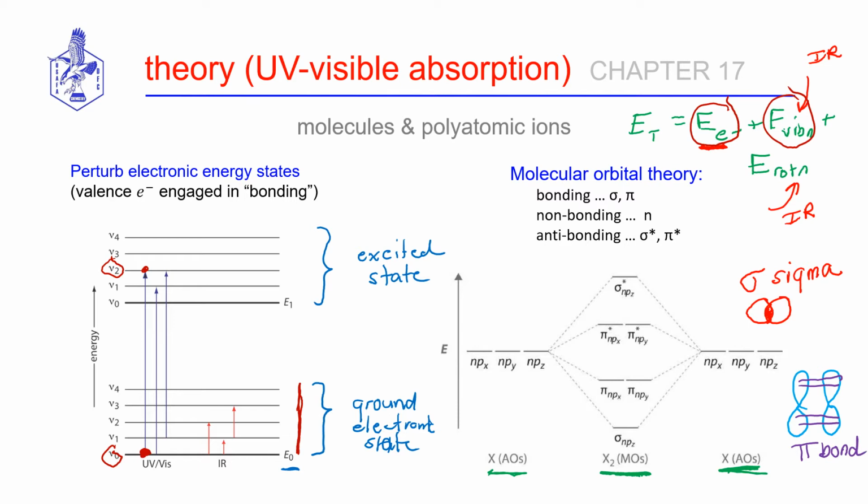The kinds of molecular orbitals we form, lowest in energy down here, we have a sigma bonding orbital. We have some pi bonding orbitals. We have some pi anti-bonding orbitals. And the most energetic possible energy state is the sigma anti-bonding orbital.